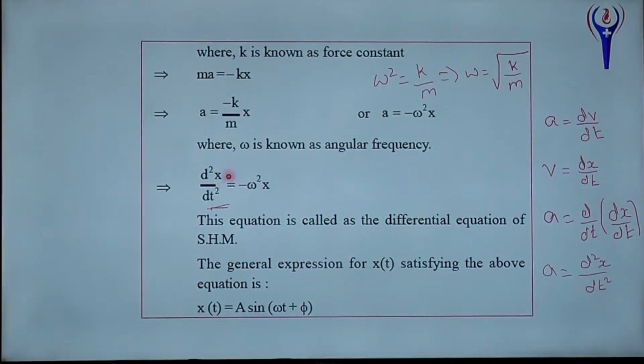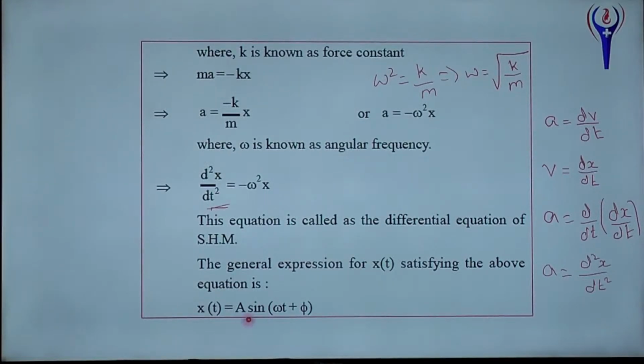So d square x by dt square equal to minus omega square x, and this equation is called the differential equation of simple harmonic motion. The general expression for x of t satisfying the equation is x of t equal to A sin of omega t plus phi.